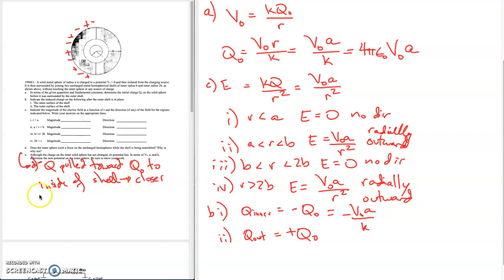It's closer than the residual positive Q on the outside that I already discussed. So the net force is going to be towards the inside. It's going to be pulled towards the inside.